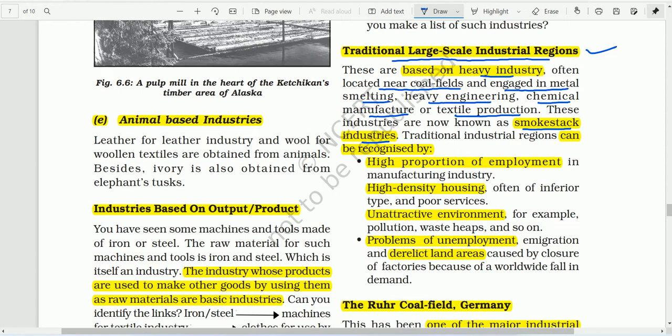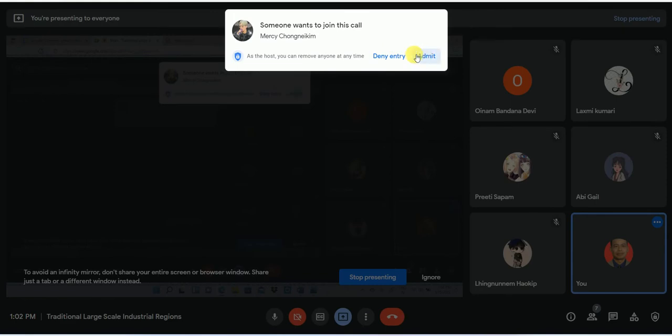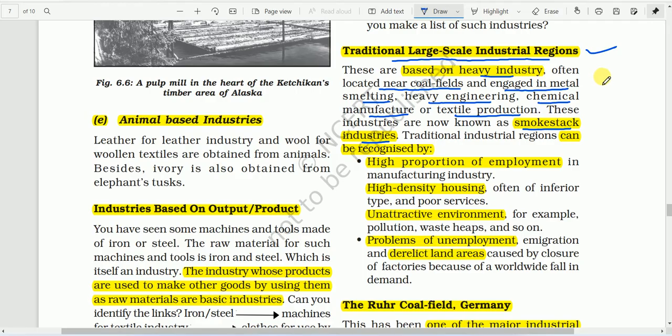Then how can we recognize such industrial regions? How can we recognize traditional industrial regions? We can recognize them by examining the following characteristics.